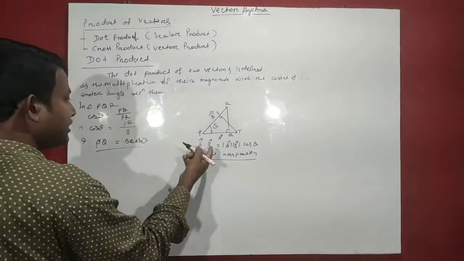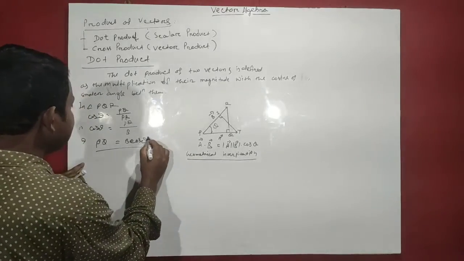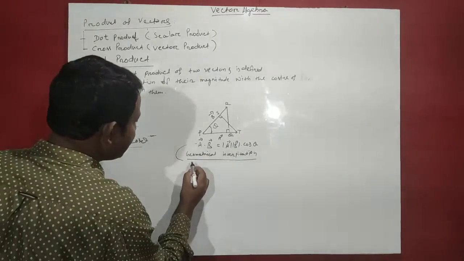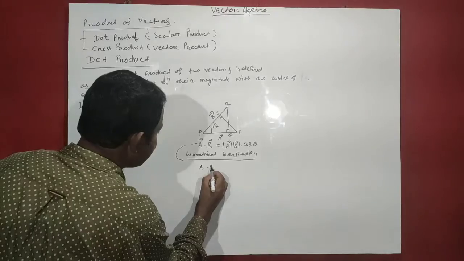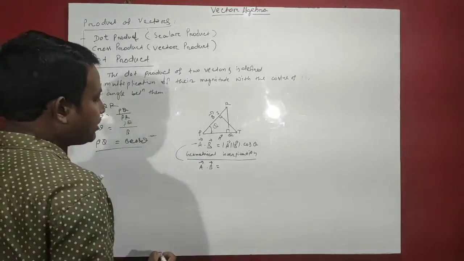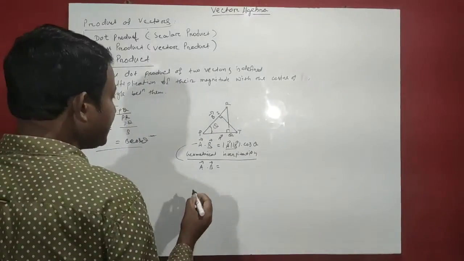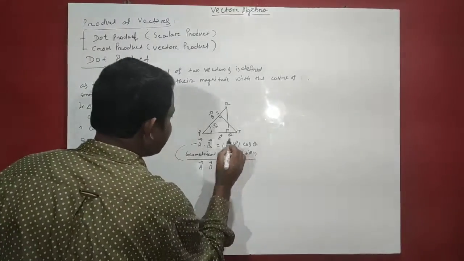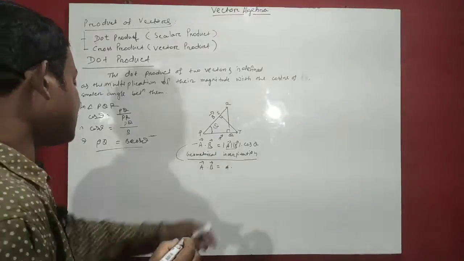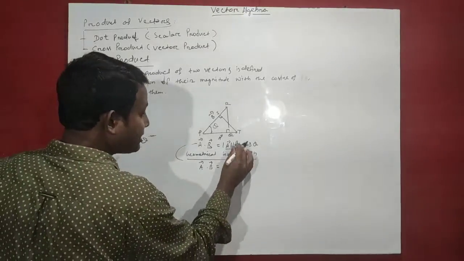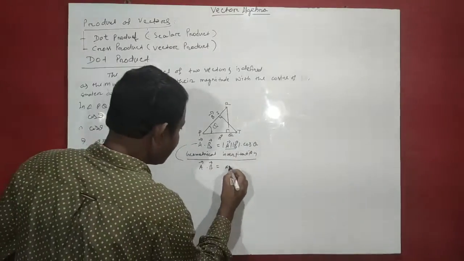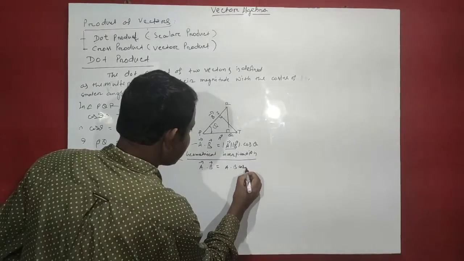Then if I put this value in the formula, A dot B is equal to A B cos theta. Magnitude of B is also written as B, so A dot B equals A times B cos theta.